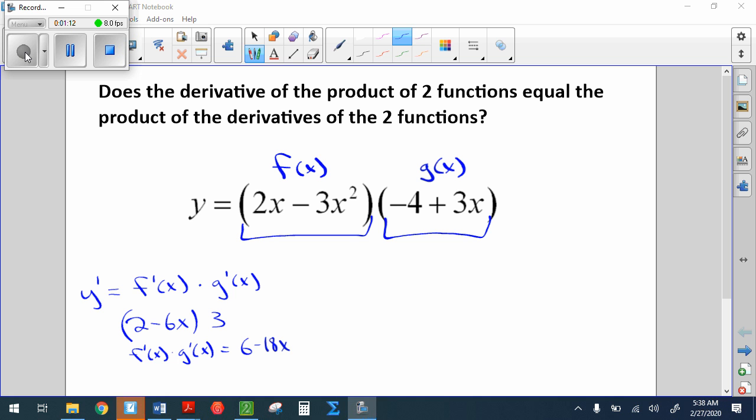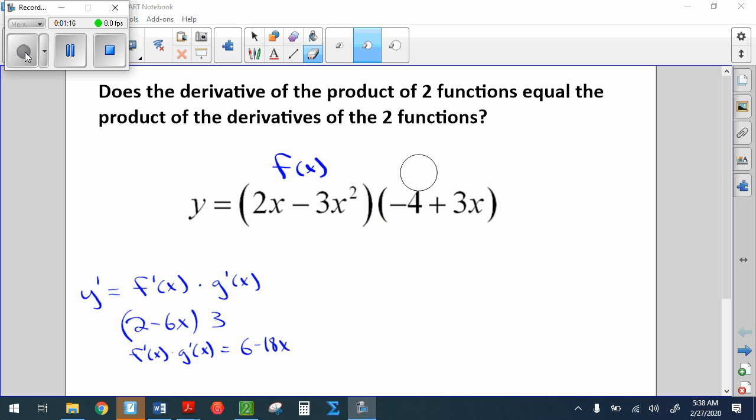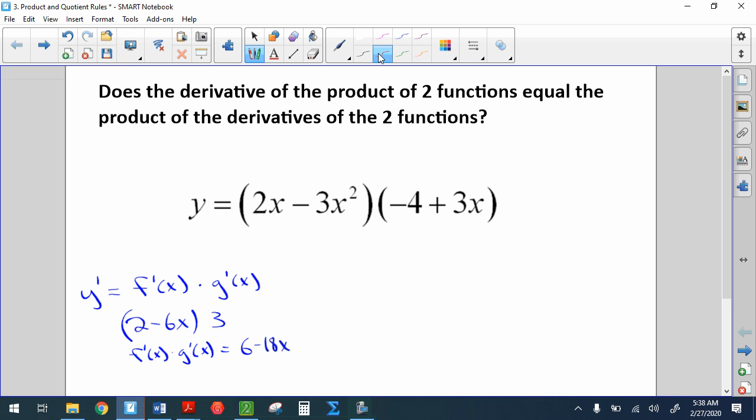Okay, so if I take y and I expand it normally, and then I try to see if the derivative is the same, that's what we want to try to go for. So I'm going to distribute. 2x times negative 4 is negative 8x. 2x times 3x is 6x squared. Negative 3x squared times negative 4 is 12x squared.